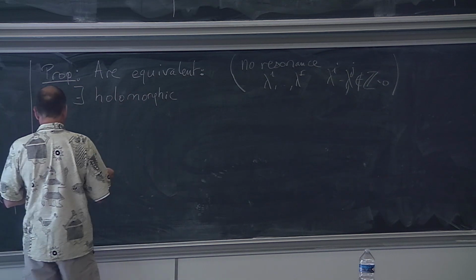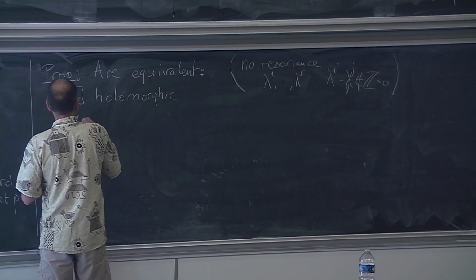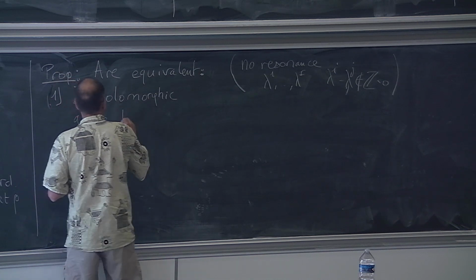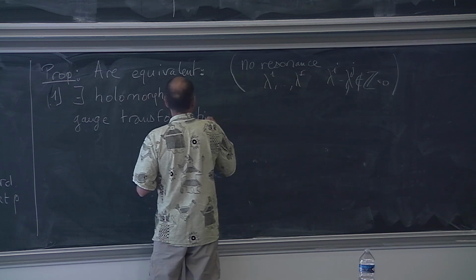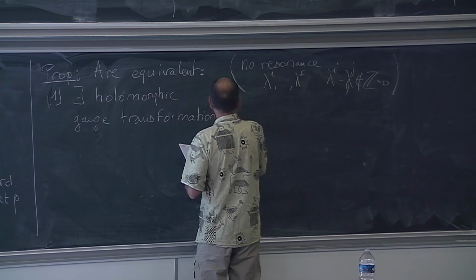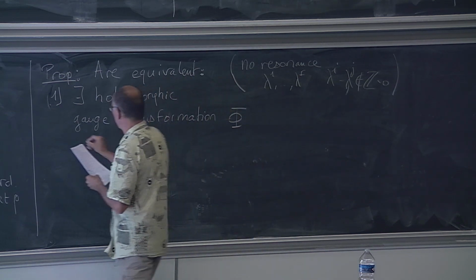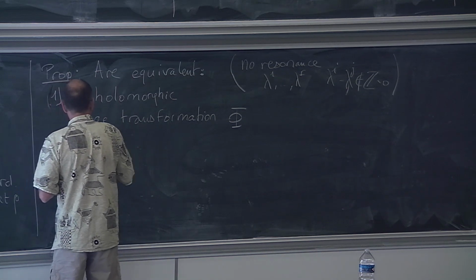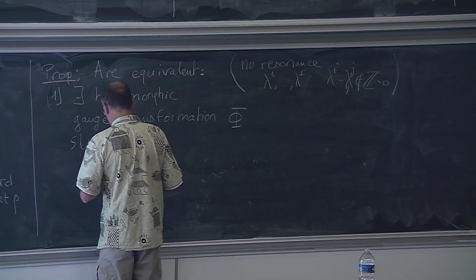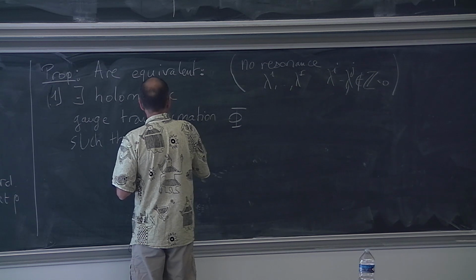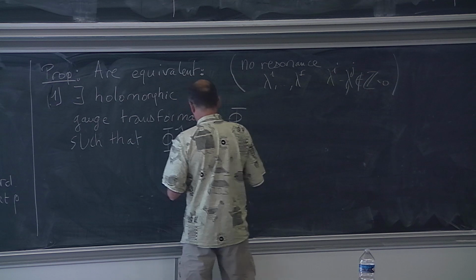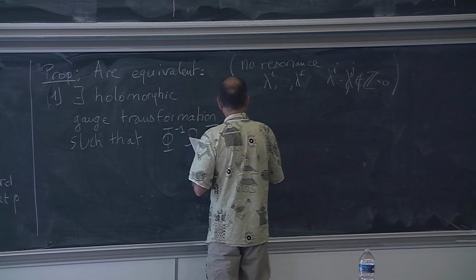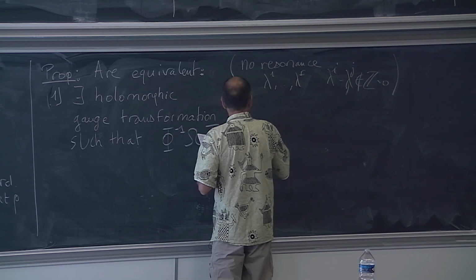Okay, so there exists a holomorphic gauge transformation phi such that phi minus 1 times omega times phi. So this is what we have seen last week.